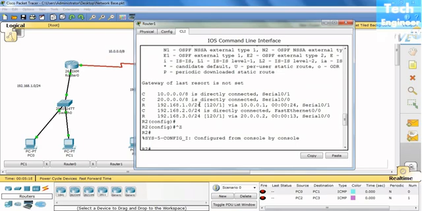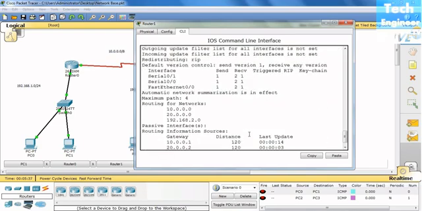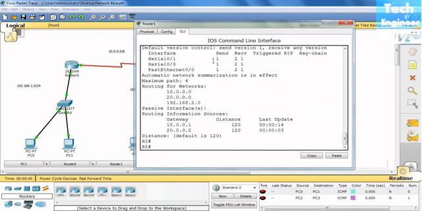RIP has two versions, RIP version 1 and RIP version 2. RIP version 1 is classful, and RIP version 2 is classless. With version 1, whenever we enable routing, the network is able to understand that this is a class A IP, this is a class C IP, and so on.